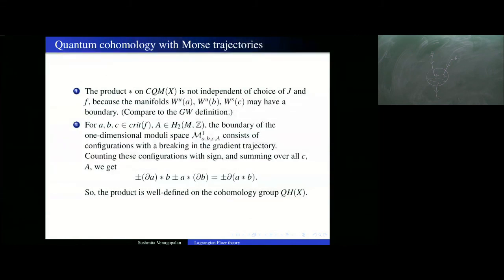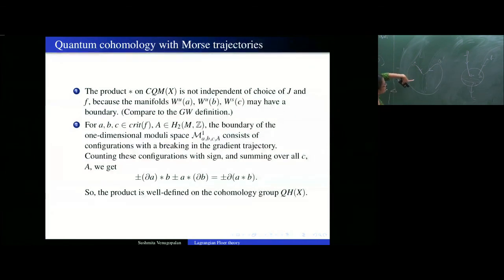Okay, but now we need to be a little careful. Earlier we were taking honest cocycles. We have not yet ensured that the boundary of A is 0 or anything like that. You may have seen this picture while studying Morse theory, that you have one critical point here, one critical point here.